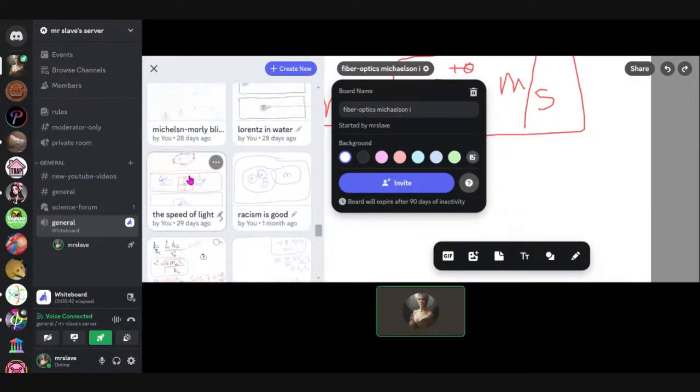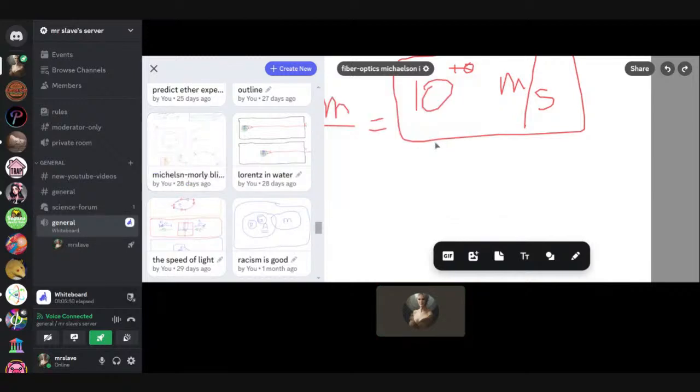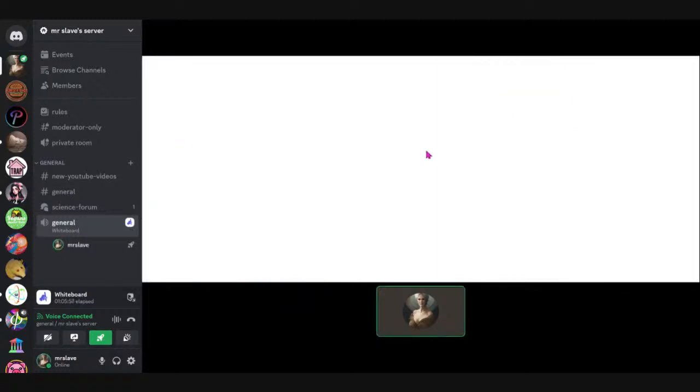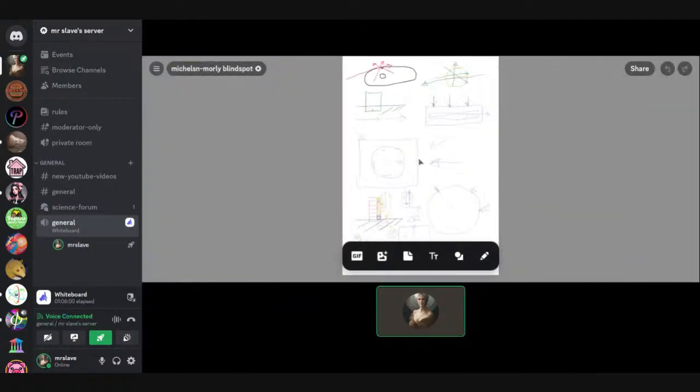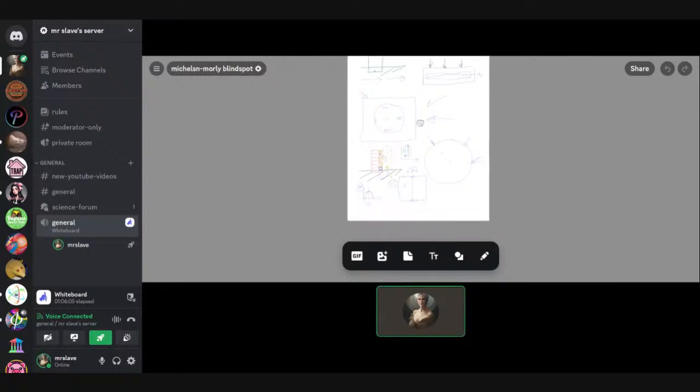The speed of light. Where's... There it is. Michelson-Morley. This is probably the first time. Fiber optics. No. Michelson-Morley. There doesn't seem to be an equation here.